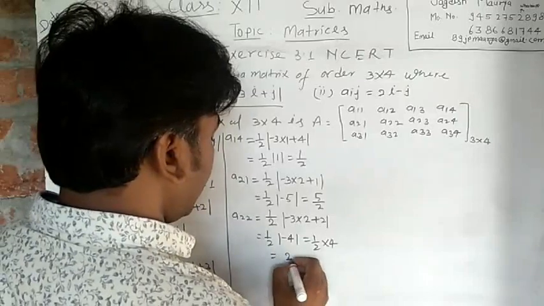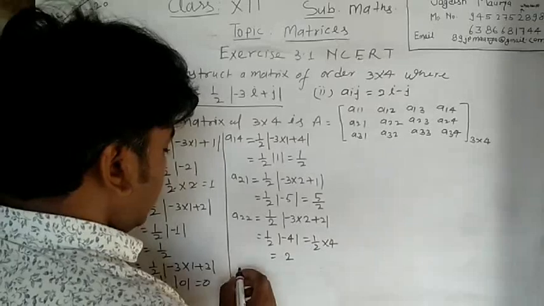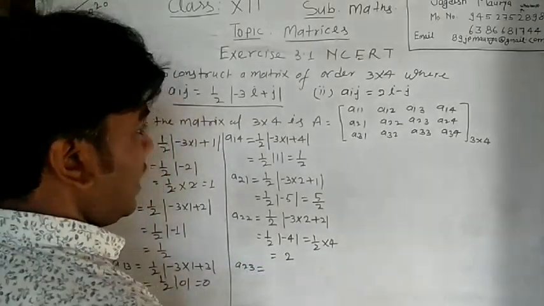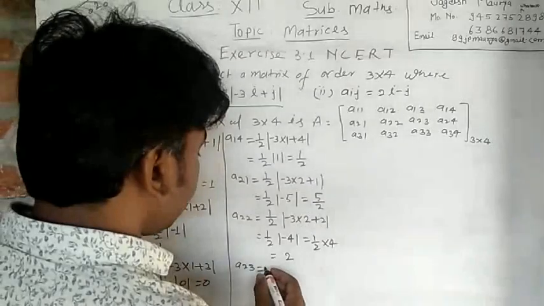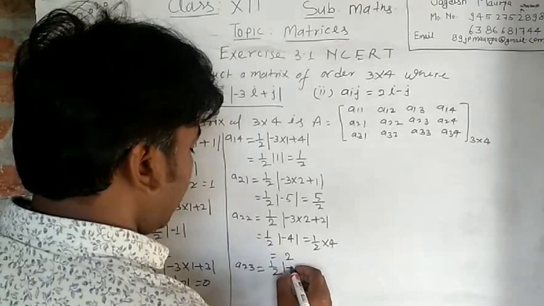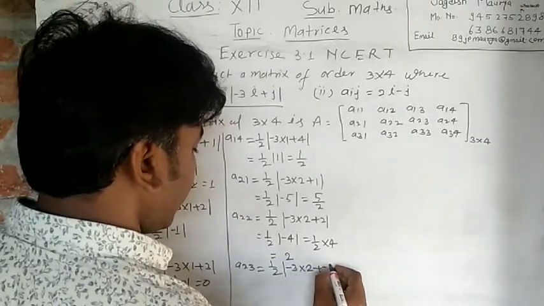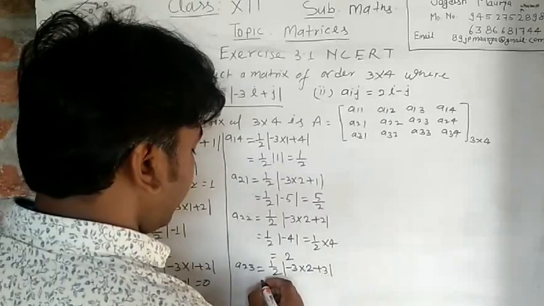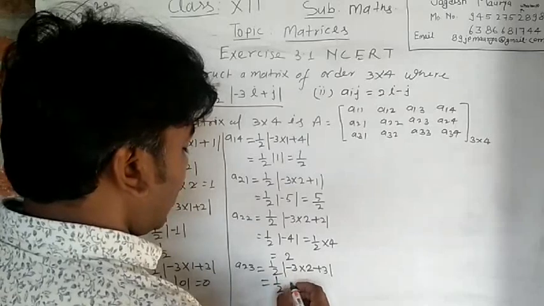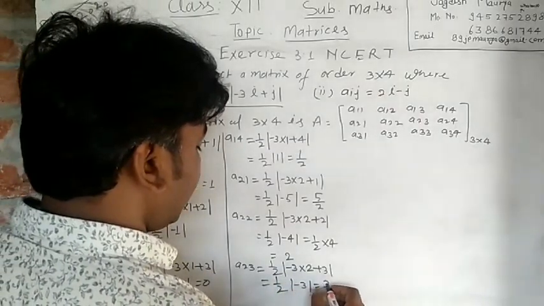This equals 2. A23: 1 by 2 mod of minus 3 into 2 plus 3. This will come 1 by 2 mod minus 3. This will come 3 by 2.